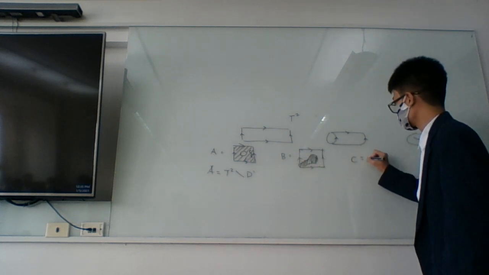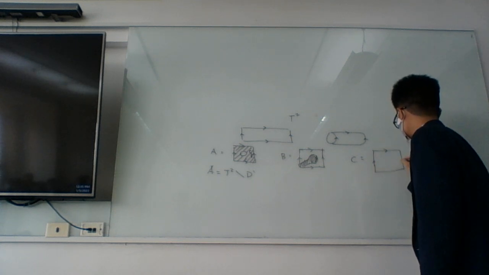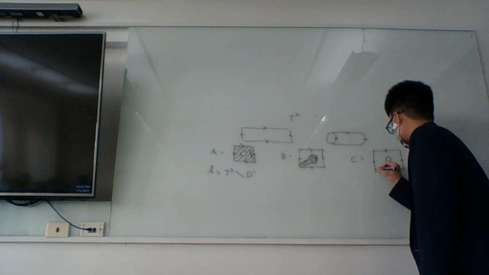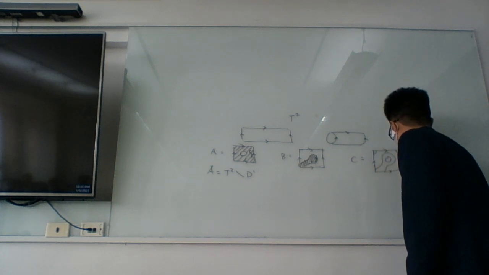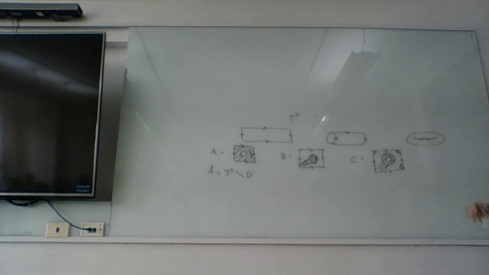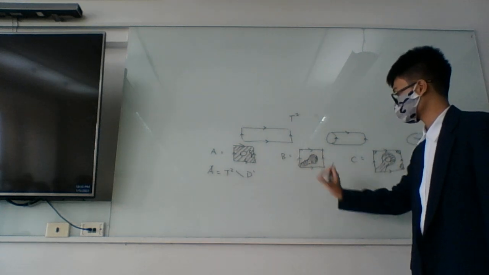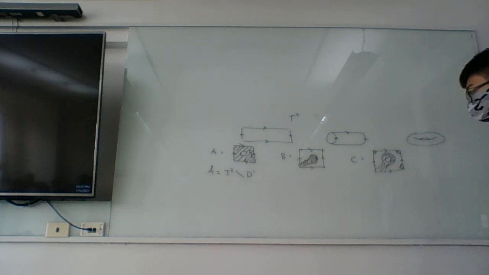So C is the figure that I drew a while ago. Is around corners. There. So this is C, still path connected. B is also still path connected, or at least this sliver of the identification space.